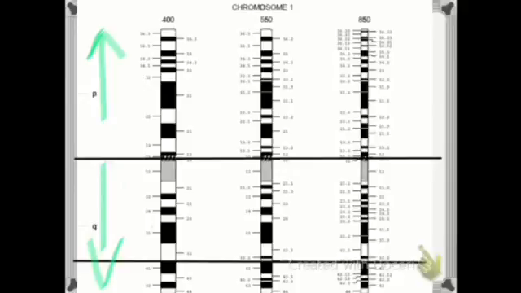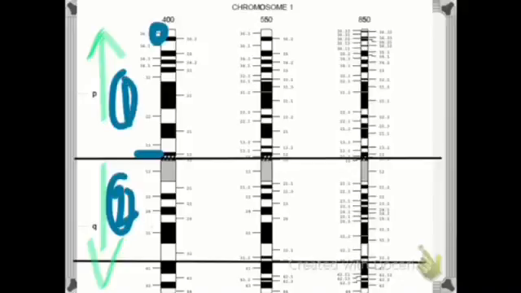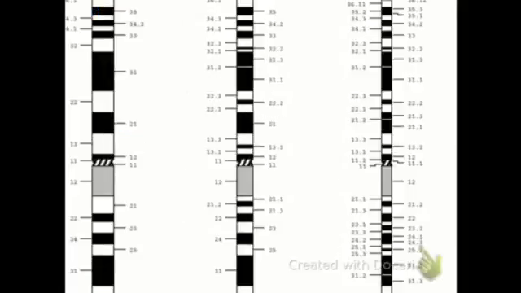The chromosomes are split into regions. The first region starts at the top of the chromosome and ends at the centromere. So this will be region 1, and then region 2 follows that, and then region 3, and so on. As the bands become more visible with higher magnification, each region is divided into further bands.